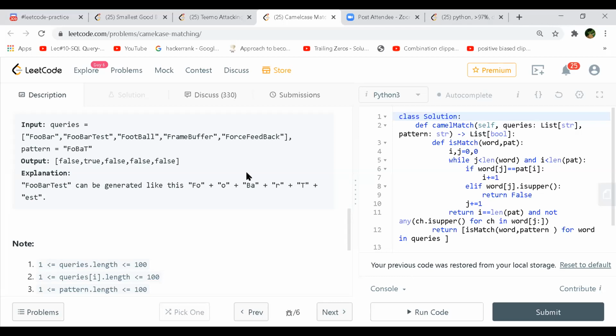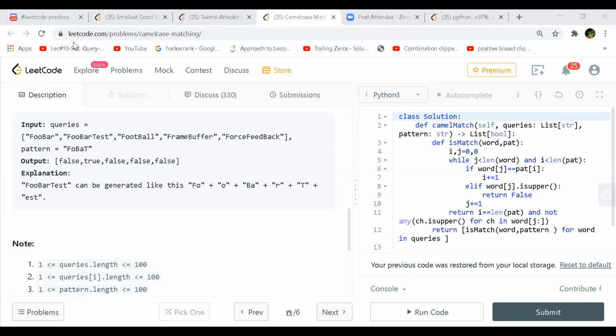So you'll have to do it for each and every query, that is for sure. Then in each query, you compare with the pattern. We have different rules for that comparison. If it's an uppercase, all the uppercases should be present in the pattern. If not, we return false.